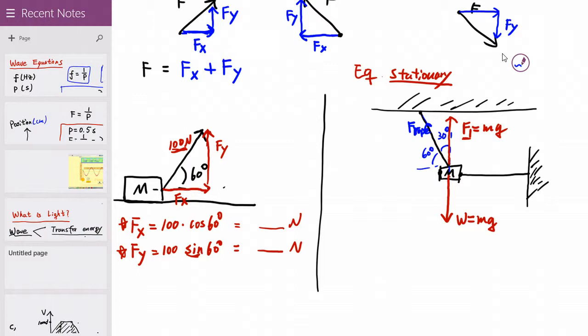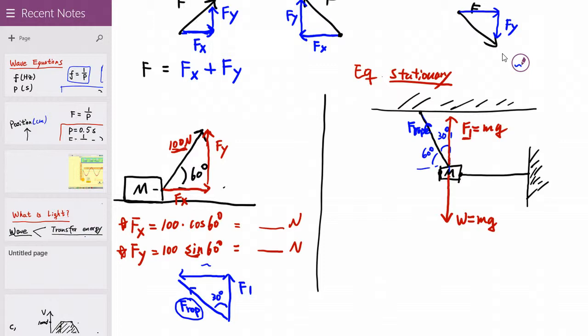Let me redraw it. We have F1, we have F rope, and there must be another force, but what we're interested in is this. The angle is 30 degrees. So we have the adjacent, the hypotenuse, and the angle, so we use cosine.